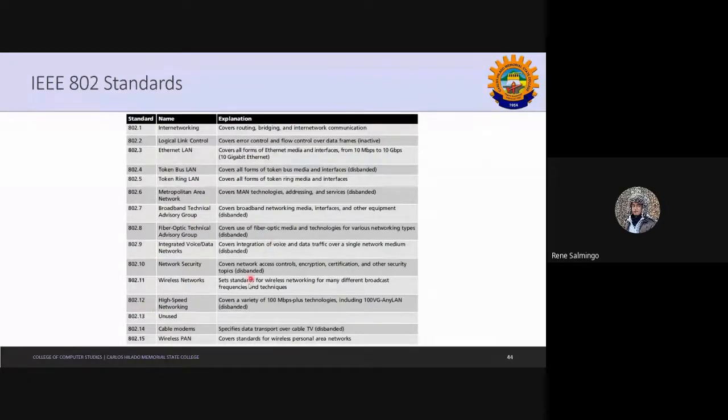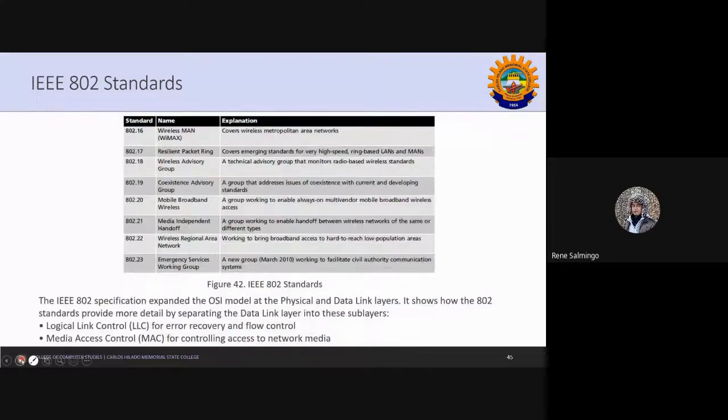Also, we have 802.14, the cable modem. Bluetooth is on the wireless personal area network, 802.15. That's the Bluetooth technology. And now we have WiMAX, the wireless metropolitan area network, which covers the wireless MAN.